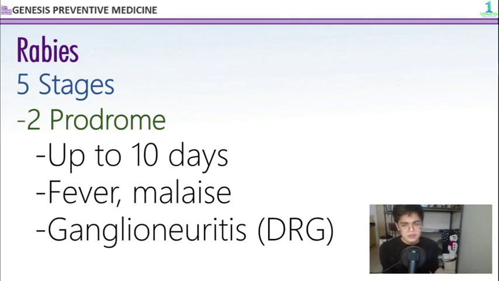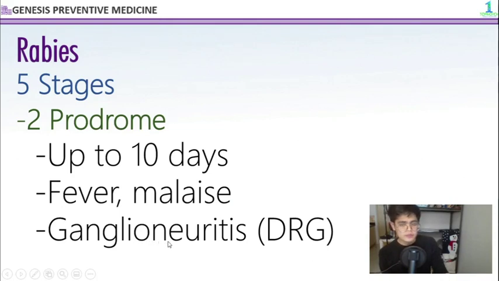So one particular symptom that patients can potentially experience is paresthesia on the bite site because of ganglioneuritis, which means the rabies virus has already reached the central nervous system, specifically the DRG, or the dorsal root ganglion.